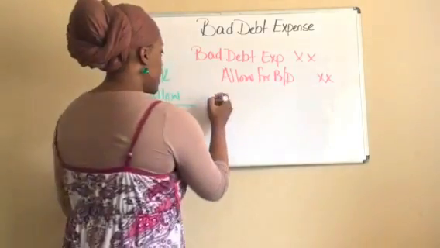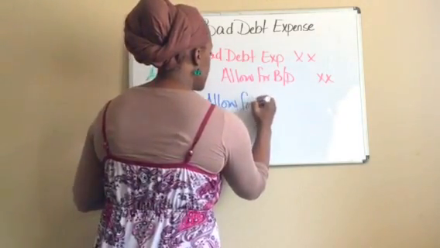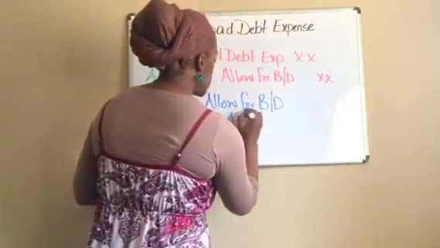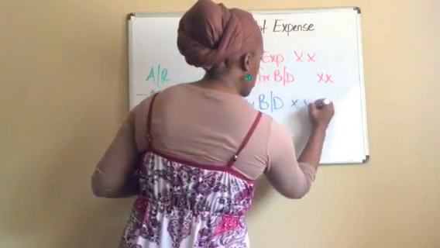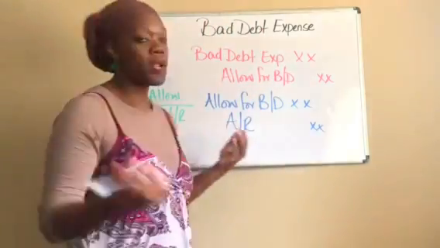The journal entry to do that is a debit to allowance for bad debt, and then a credit to accounts receivable. The customer is saying, hey, I'm not going to pay.